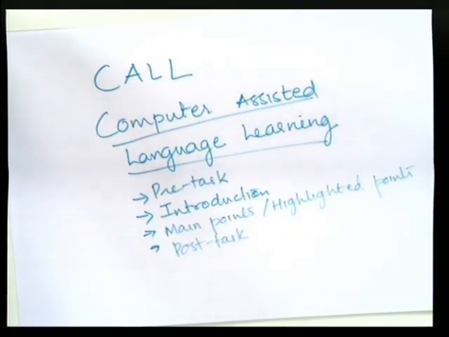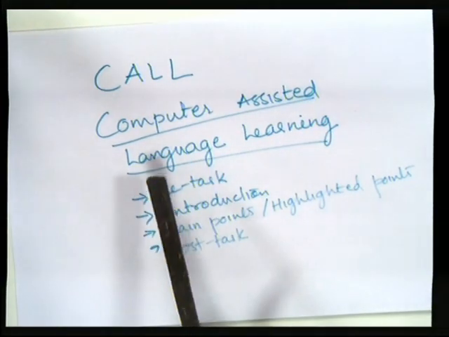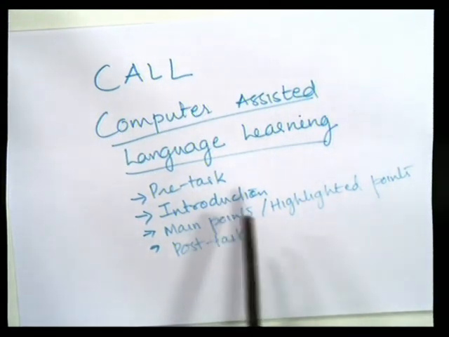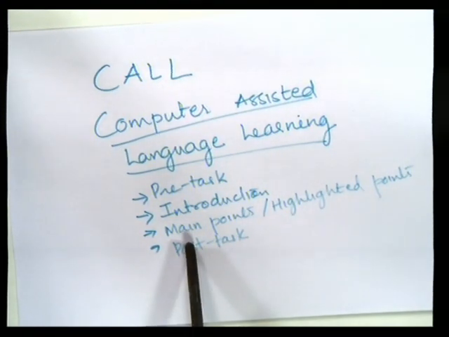Now if you see here, you will find that there are four things given: one is a pre-task, other is the introduction, main points or the highlighted points, and the post task.